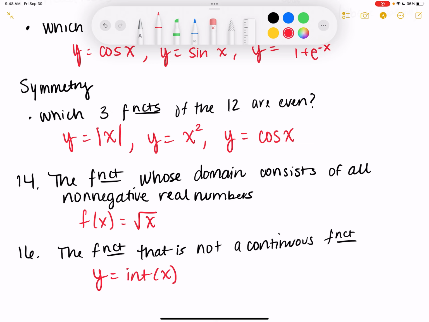Oh wait, are we writing out the poem on the quiz or is that on the test? The test. But the quiz may or may not have the 12 basic functions on it, so. Wink, wink. You said the quiz. May or may not be on the test as well, but.